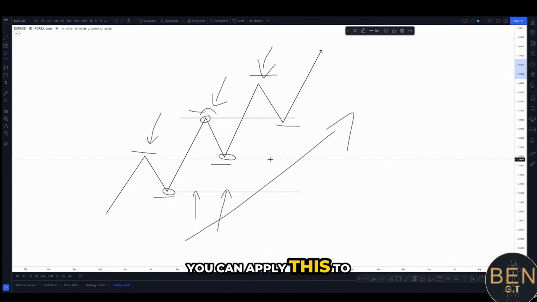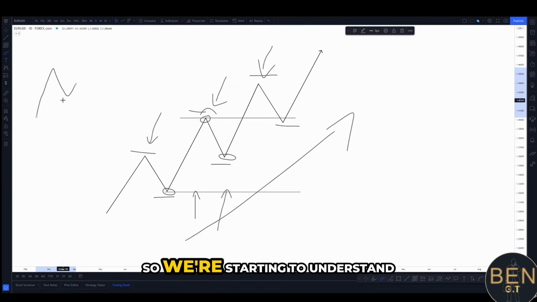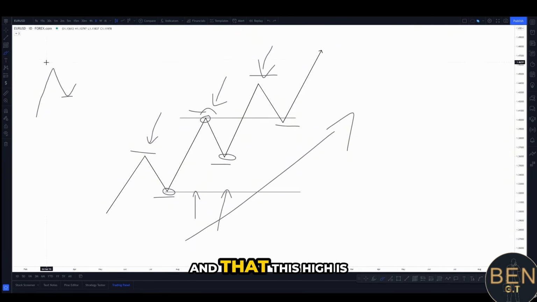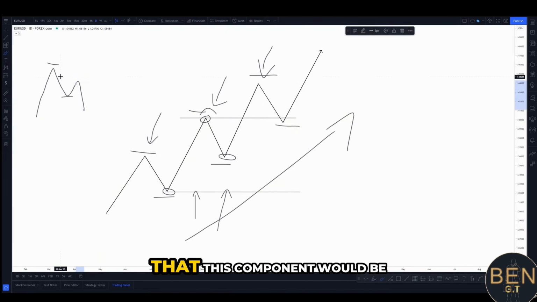Yes, you can apply this to substructure and minor structure to create a framework of understanding the interworkings of the order flow that you're seeing, but it can get a little bit confusing when you see multiple things happening, because what you might see is we see a move, we start to see a pullback. So we're starting to understand that this low might be protected and that this high is going to be targeted. But then what we might see is, similar to when we were talking about substructure and minor structure, that this component would be substructure.